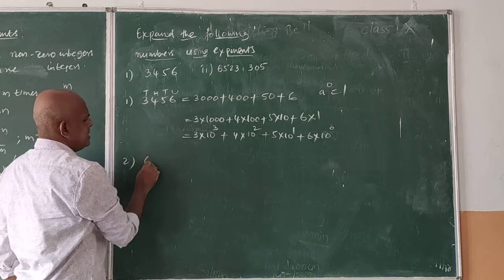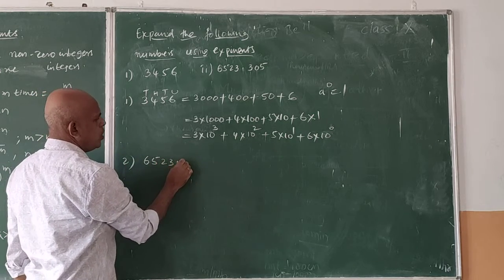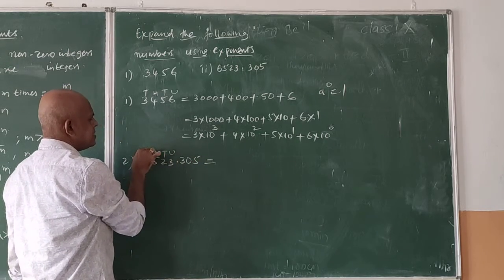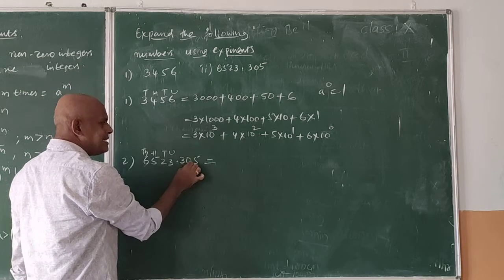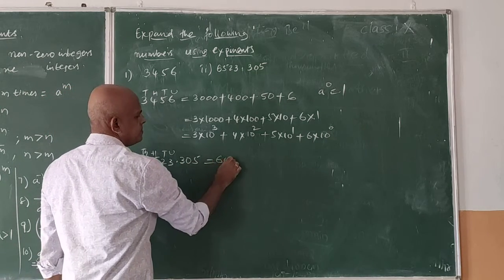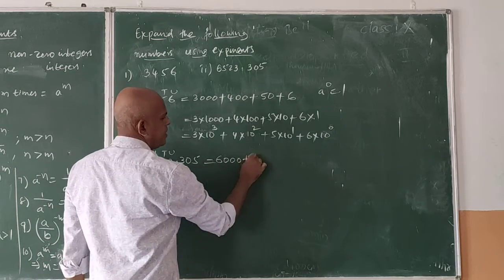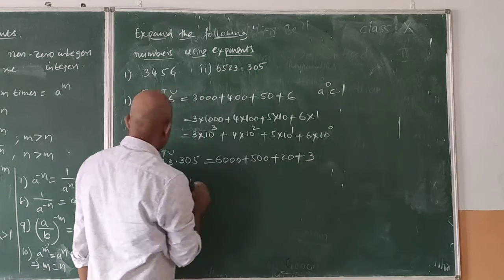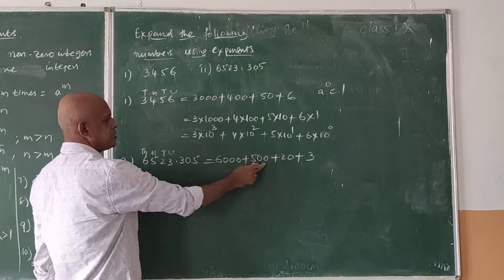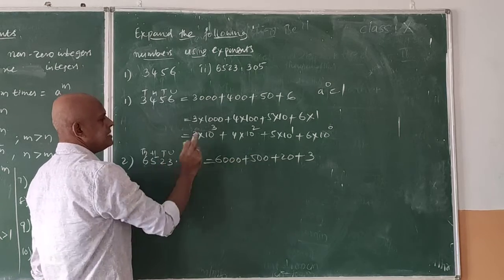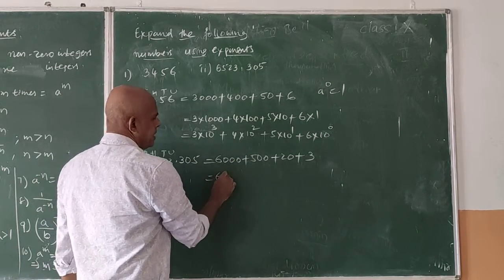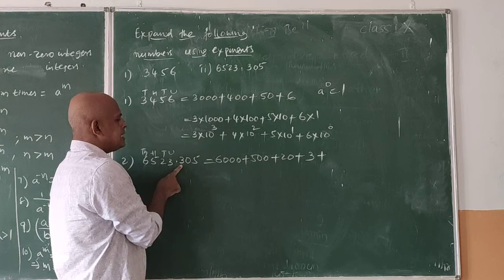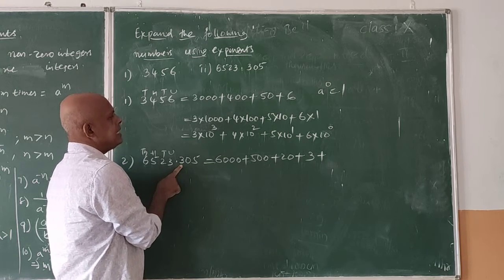Second problem, 6523.305. Now, 6, this is units, tens, hundreds, thousands, and after the point tenths, hundredths, thousandths. So 6000 plus 500 plus 20 plus 3. 6 is in the thousands place, so 6000, 5 is in the hundreds place, 500, 2 is in the tens place, 20, and 3 is in the ones place, so 3. Now here is the decimal point, followed by tenths. Tenths means one tenth part.